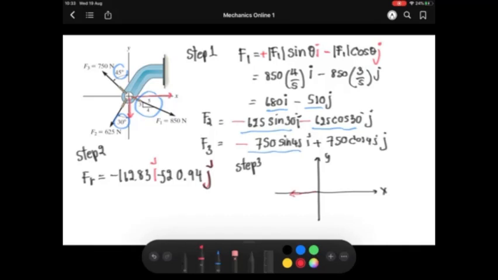So it is minus 162.83 in terms of x, and then minus 520.94 in vector j. So the overall resultant vector should be somewhere here, which has the size equal to the square root of minus 162.83 squared plus minus 520.94 squared.